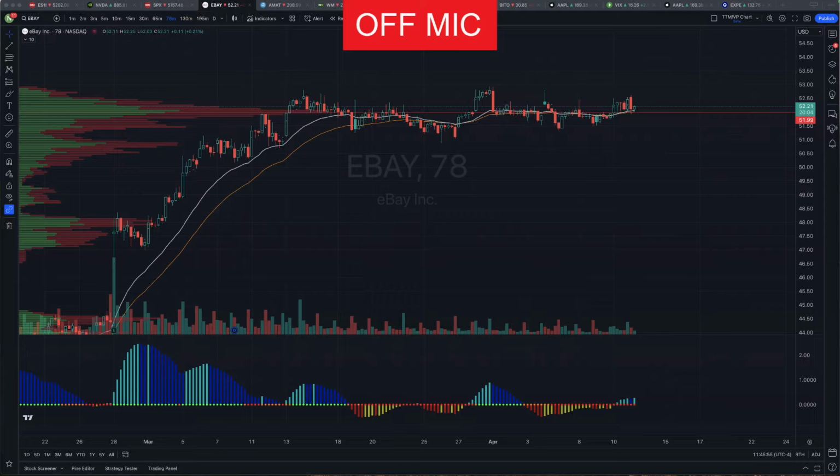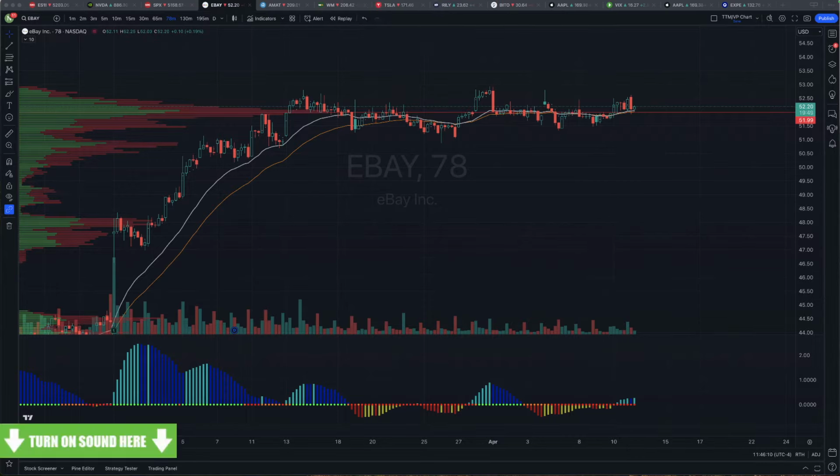Additionally, if you're having trouble hearing us, or you think that somebody's on the mic and no sound is coming through, right down here you can see the graphic that I'm putting up. This turn on sound here. Let me pause this again.